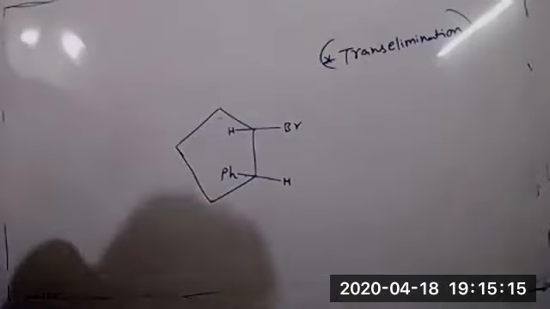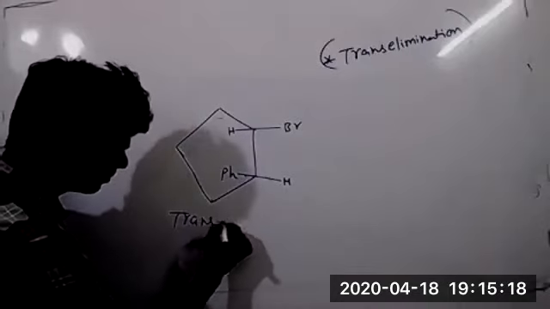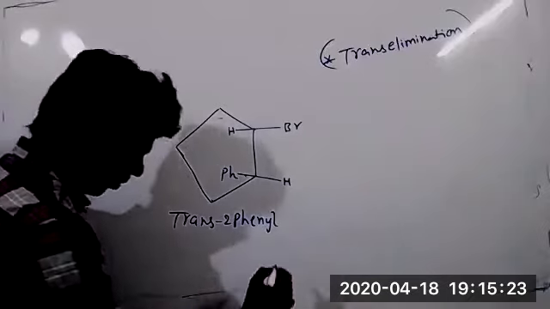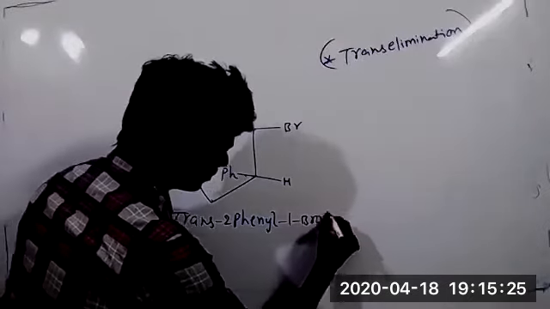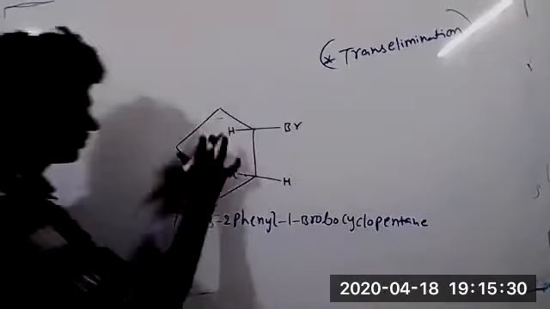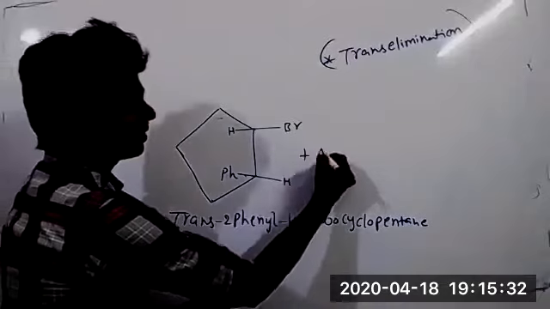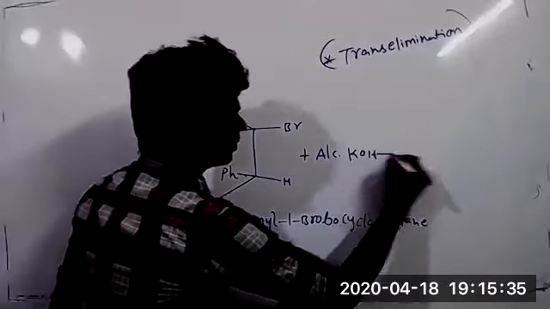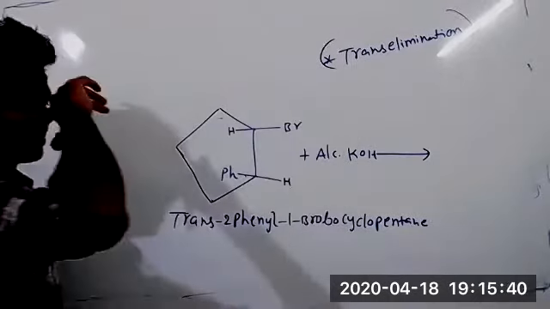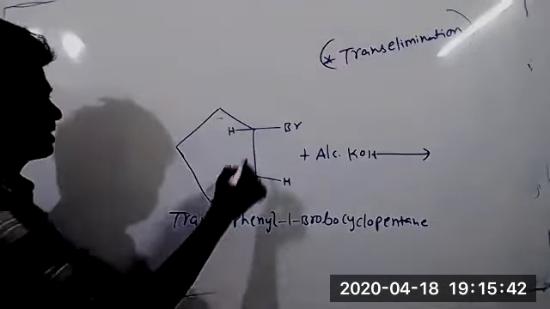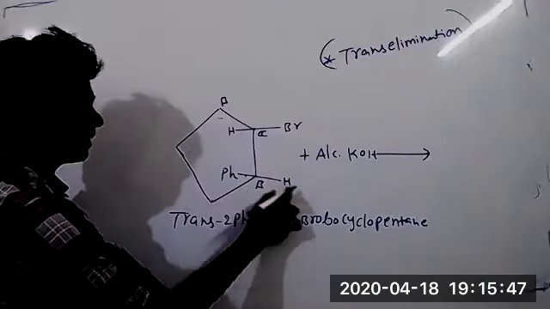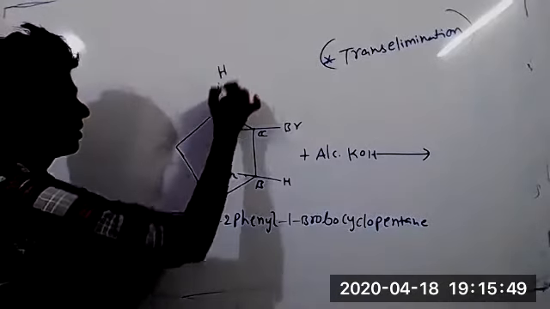The reactant name is trans 2-phenyl 1-bromocyclopentane. We are reacting it with alcoholic KOH. During alcoholic KOH elimination reaction, trans elimination takes place. This is the alpha carbon. This is the beta carbon, and this is also a beta carbon. Beta hydrogen is available, and here also beta hydrogen is available.